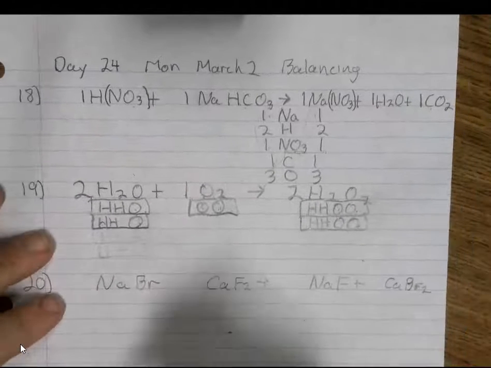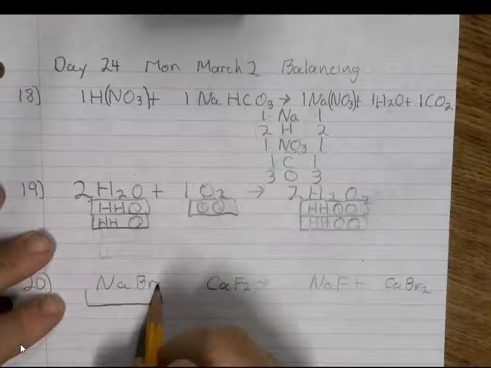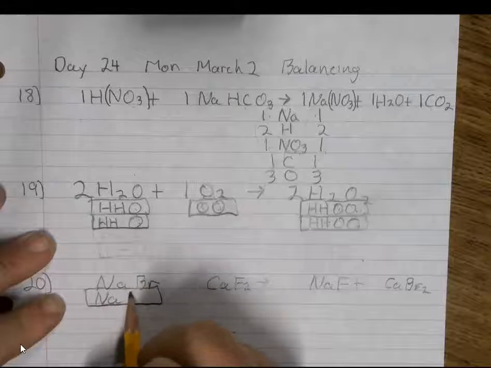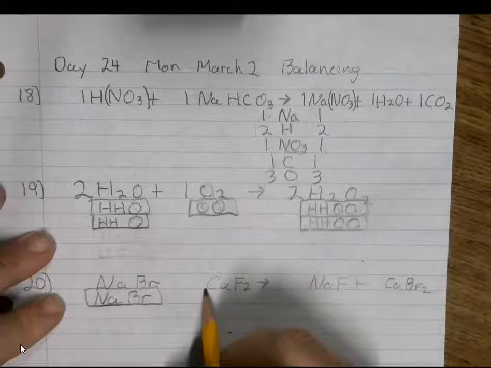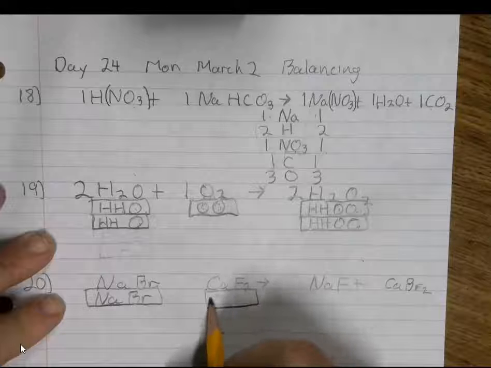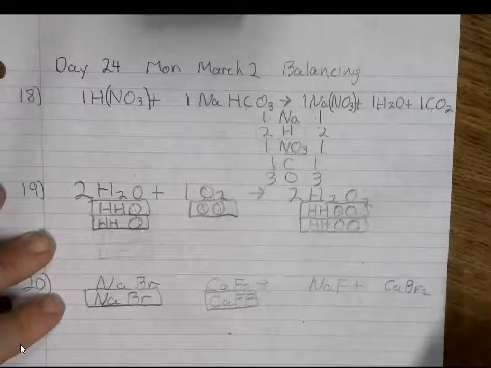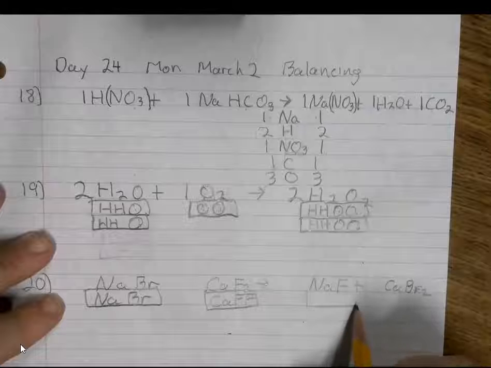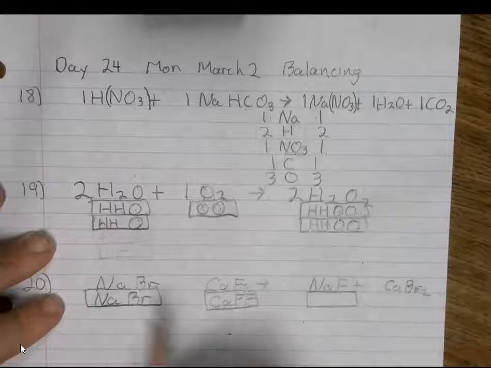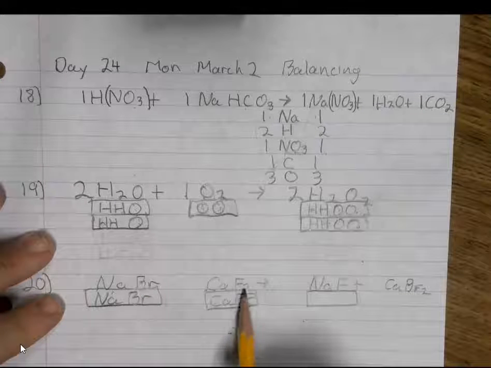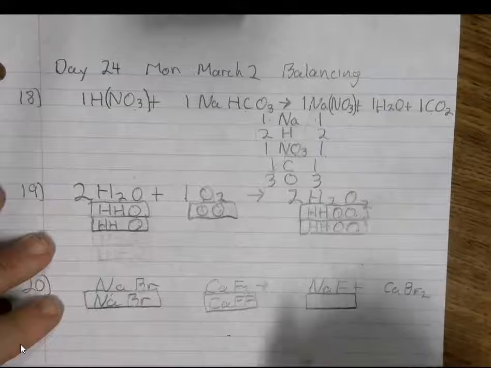Okay, let's do this one using the box method. And this is what we call a double replacement reaction. Cation, anion, cation, anion. They switch places over there.